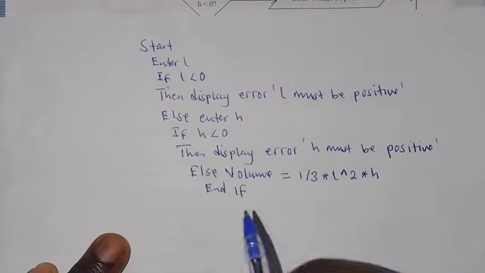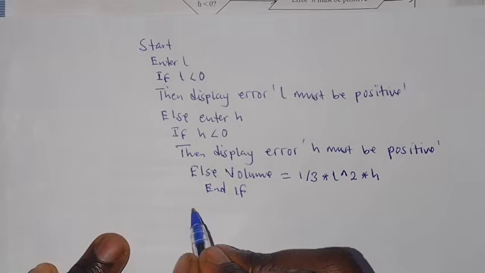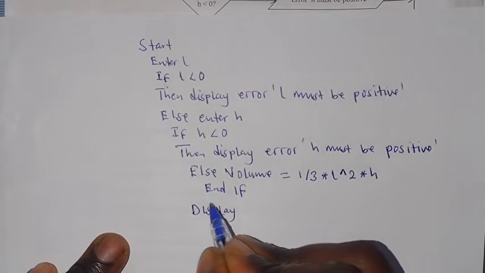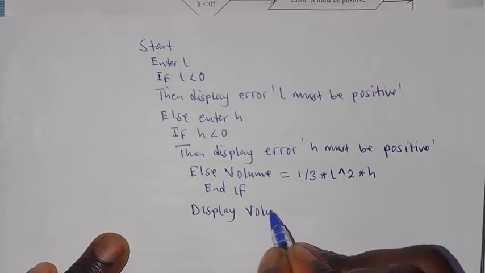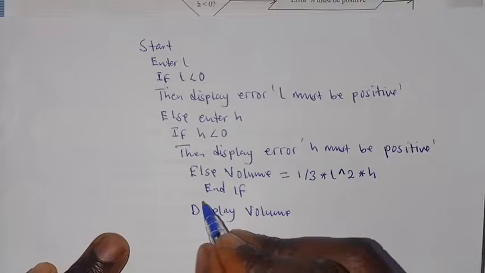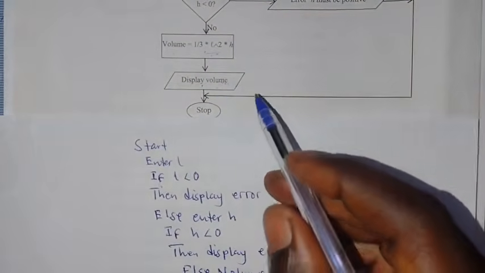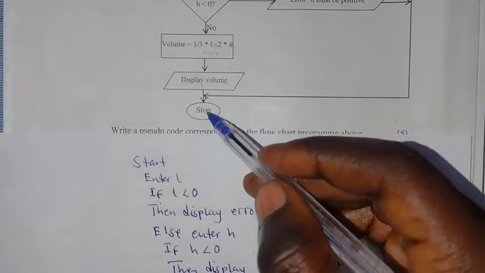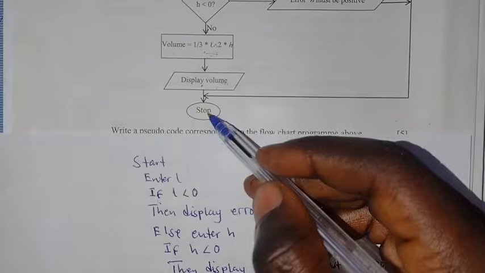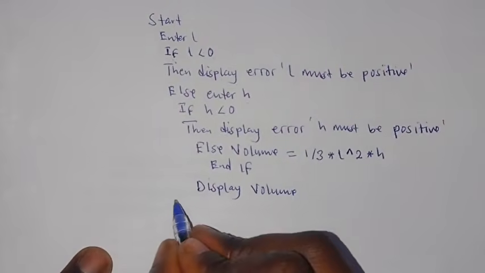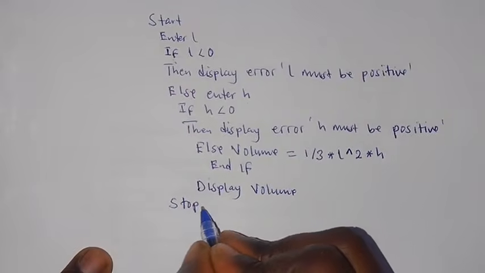Then we write display volume. After the display volume, you can see we have what? Stop. So after the display, we write stop here.